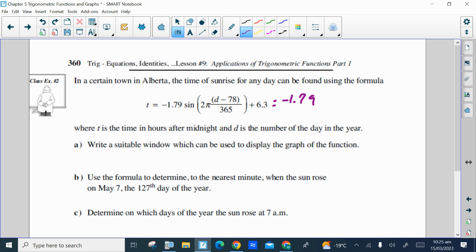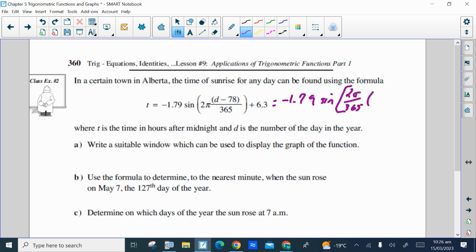So we've got our A value first, times the sine. Now our B value, that will be the coefficient of what's in front of the brackets. Inside the brackets there is D minus 78. So B is the coefficient of that, which would be 2 pi over 365.